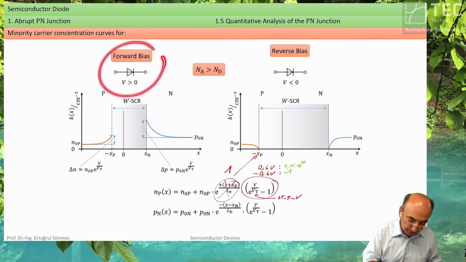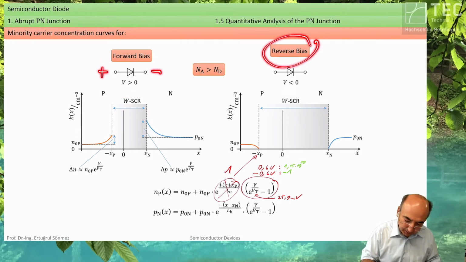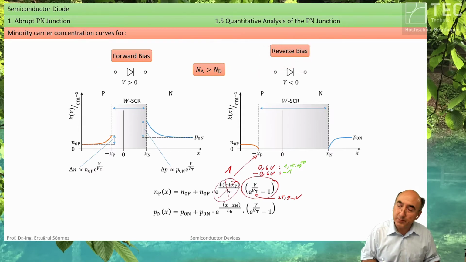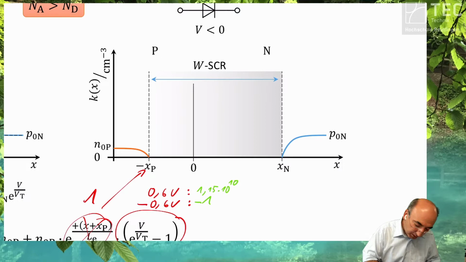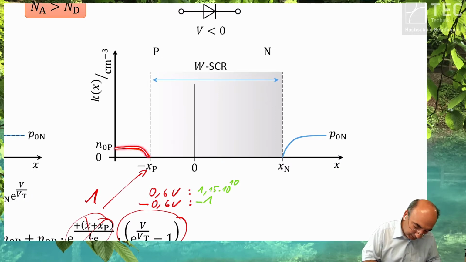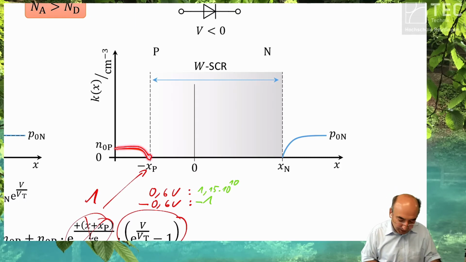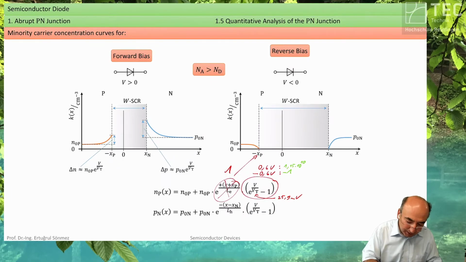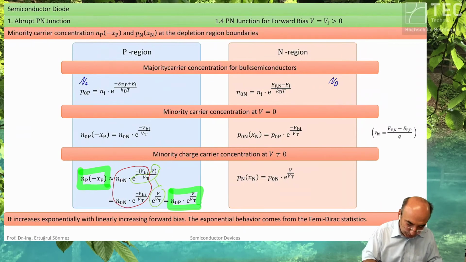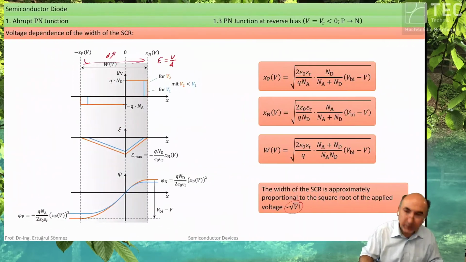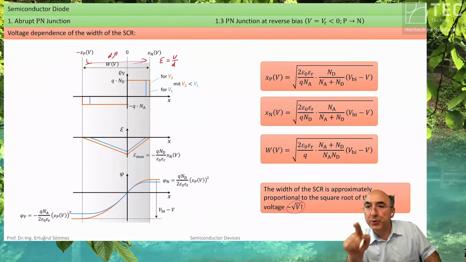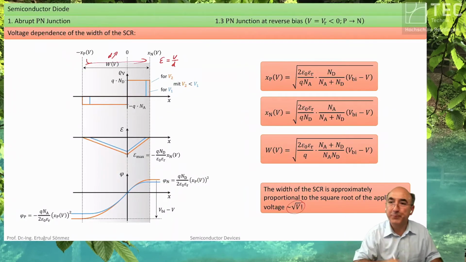Okay, forward bias plus minus, reverse bias minus plus. If we reverse bias, we learn that this concentration drops to 0. Now you know also what happens with, now we are there where you have dropped your question, Mr. Muka.